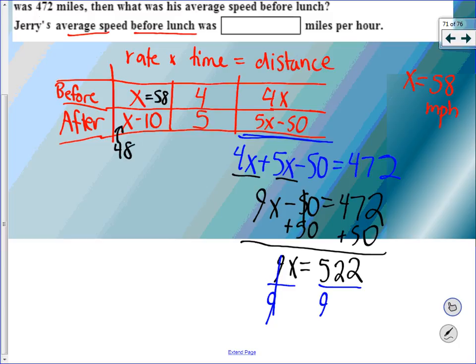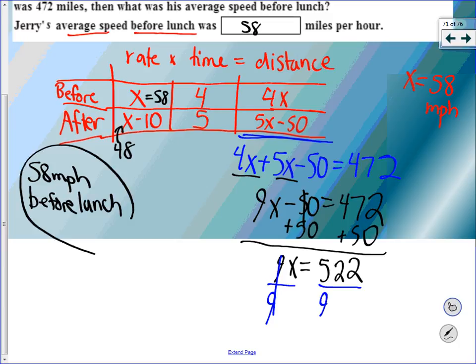Because that's x minus 10. But what they want to know is what is his average speed before lunch? So that is 58 miles per hour. So he went 58 miles per hour before lunch. Questions on that?